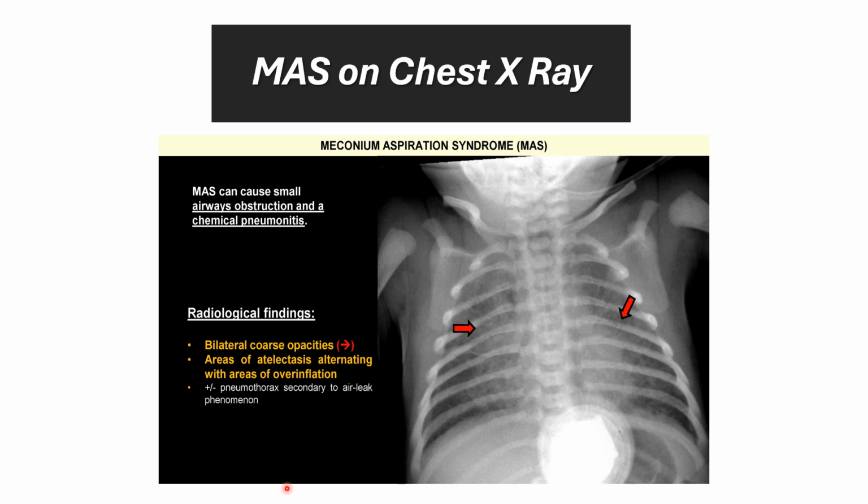Here, as you can all see, it says bilateral coarse opacities and areas of atelectasis that alternate with areas of overinflation. I will give you a few seconds just to look at this chest x-ray, and then we will go to our next slide.